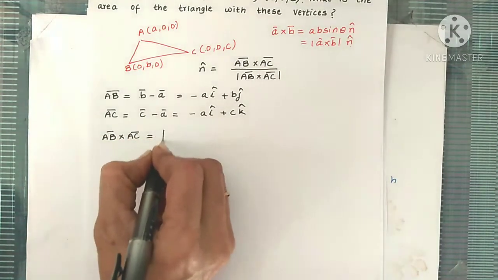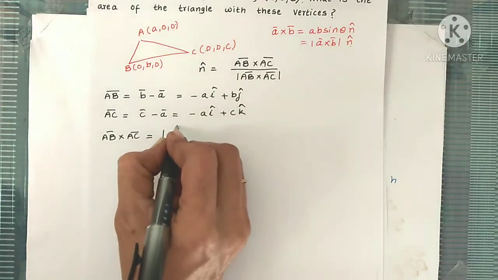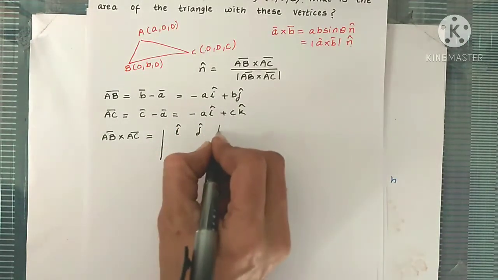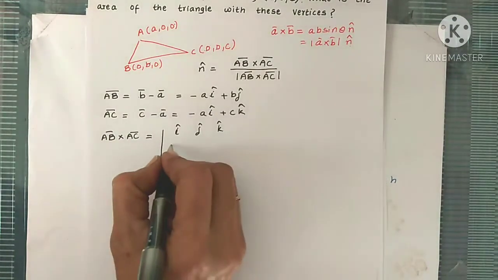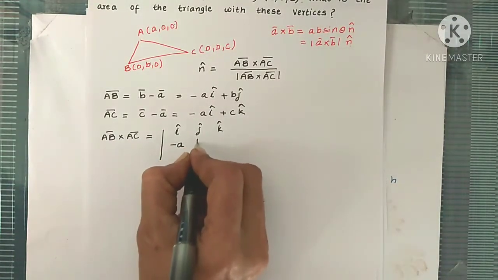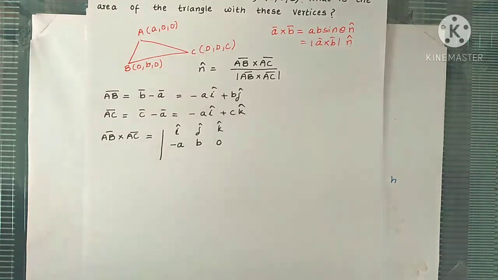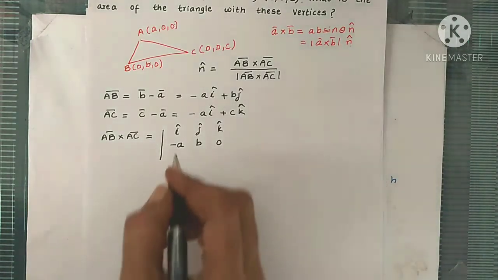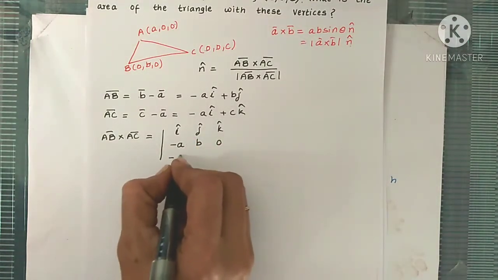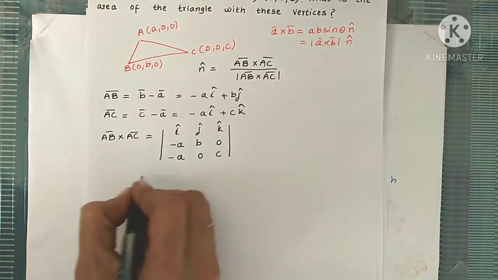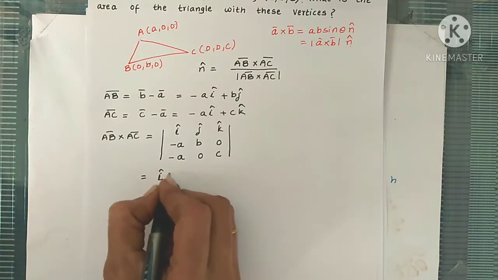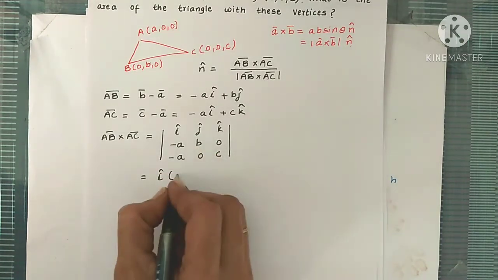equal to determinant first row I cap, J cap, K cap, then coefficients of I, J, K from AB bar. So those are minus A, B, the term in K is not there, so coefficient is 0. And for AC bar we have minus A, 0, C. So that is I cap, BC minus 0.